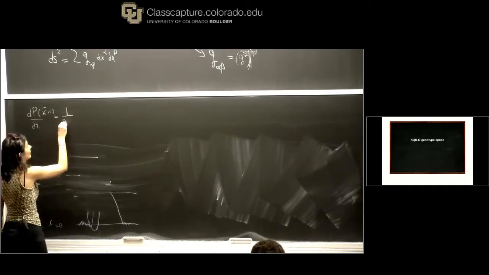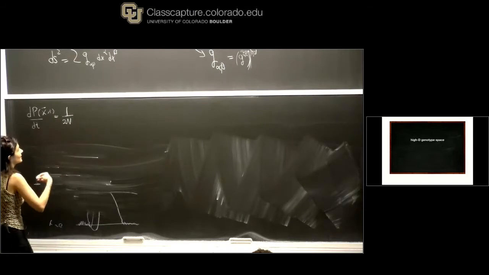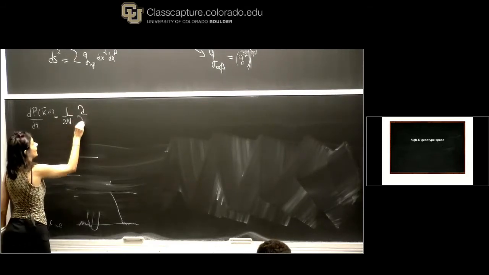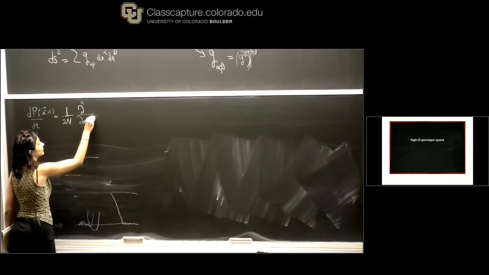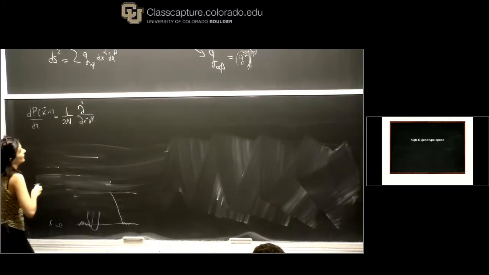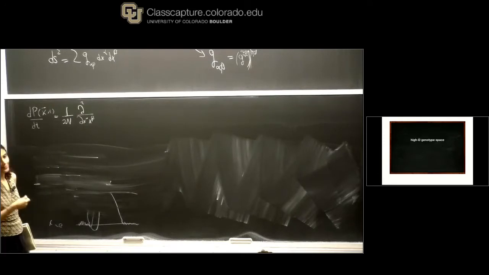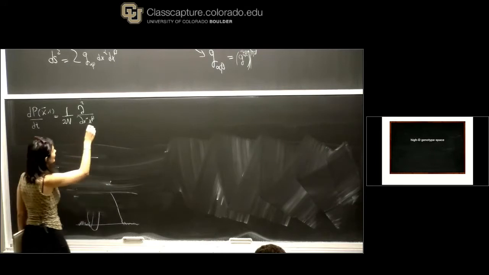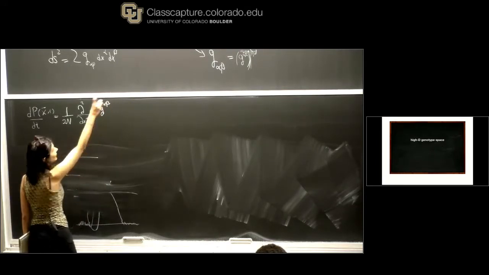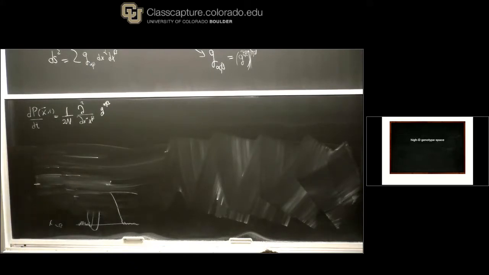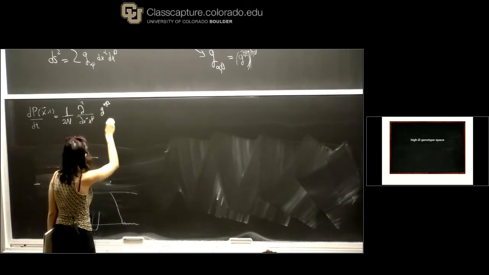I have a population size n. So this would be my stochastic part, and the thing that comes up here would be G alpha beta, which is your covariance matrix, which depends on X.